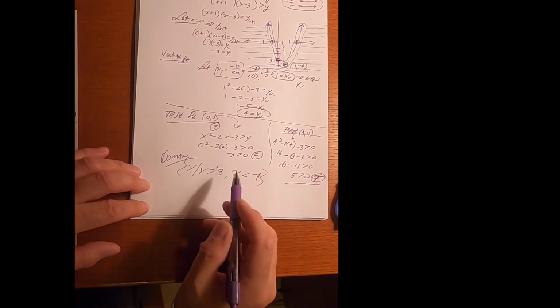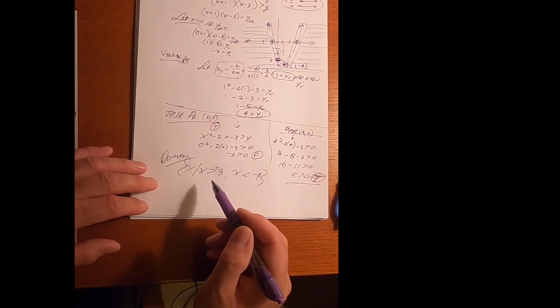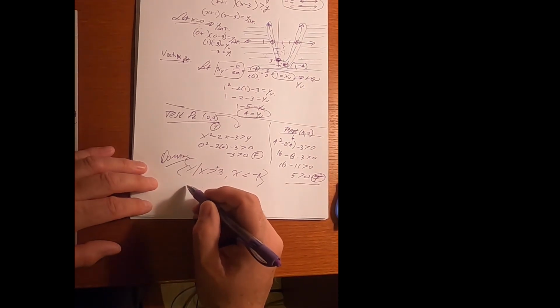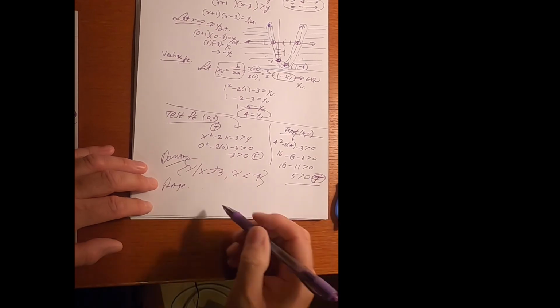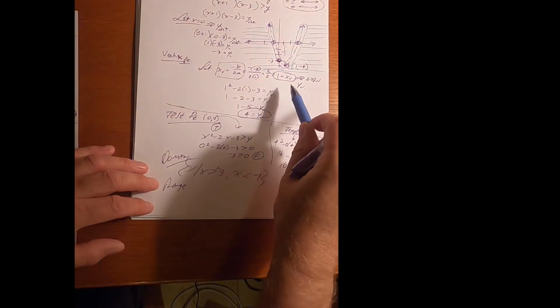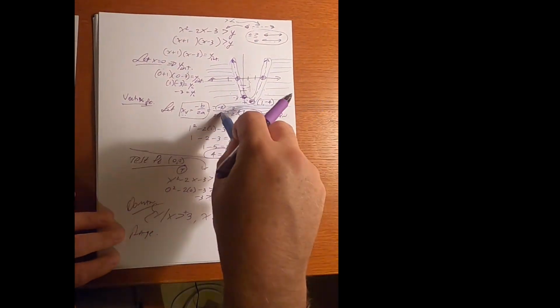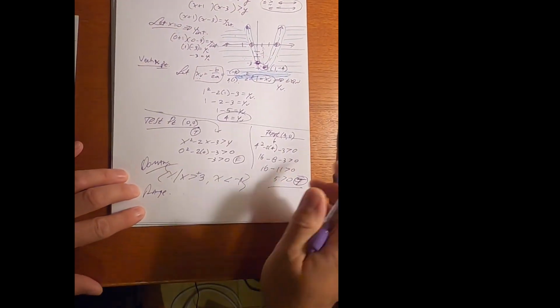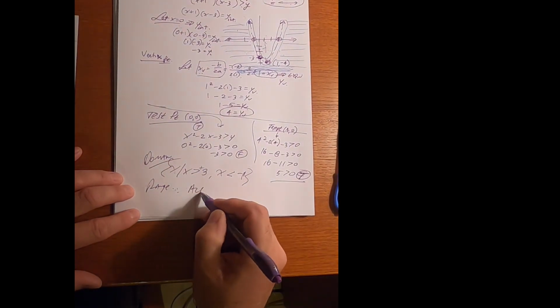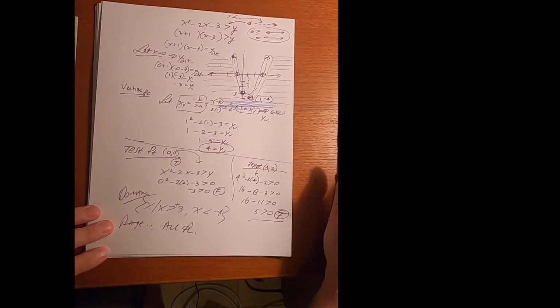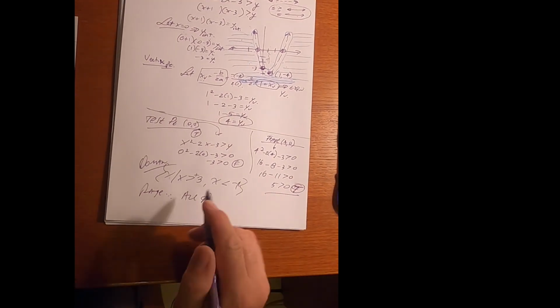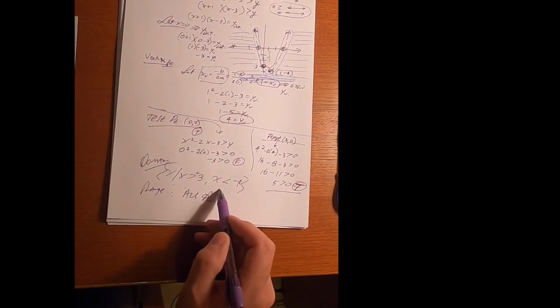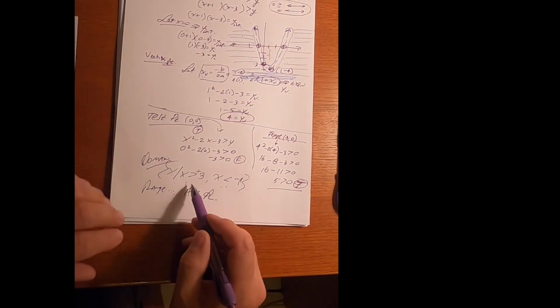Your range would be all reals, because you're going to be below this guy over here and you're going to be up here, so your range will be all real numbers. But your domain has to be in these regions.